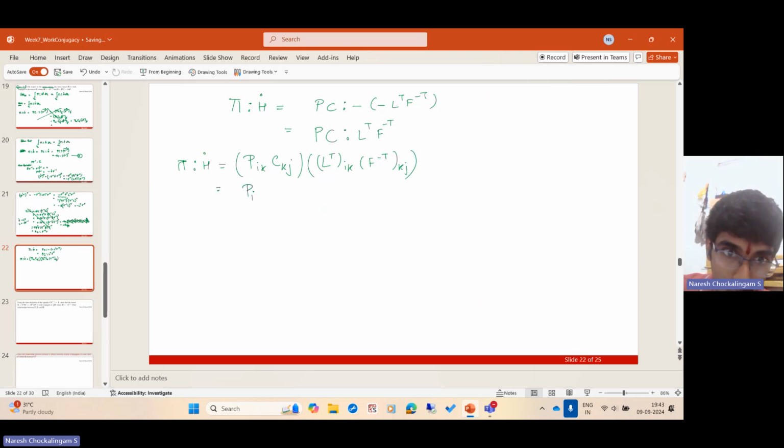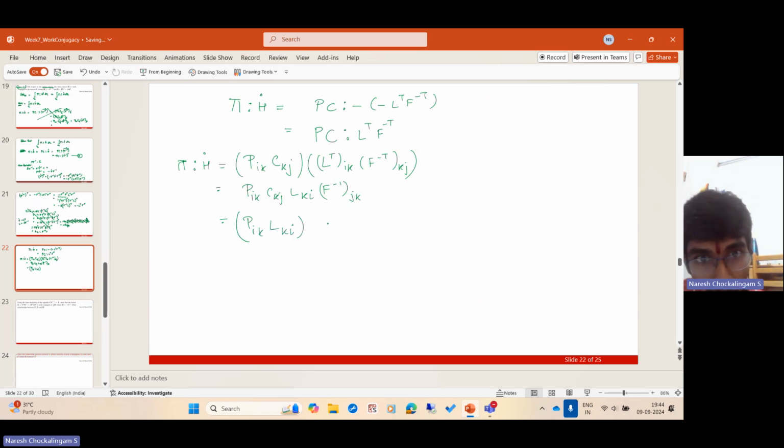So this is PIK CKJ. L transpose IK is LKI. F inverse transpose Kj is F inverse JK. So it is PIK LKI. This is fine. We have CKJ F inverse JK.